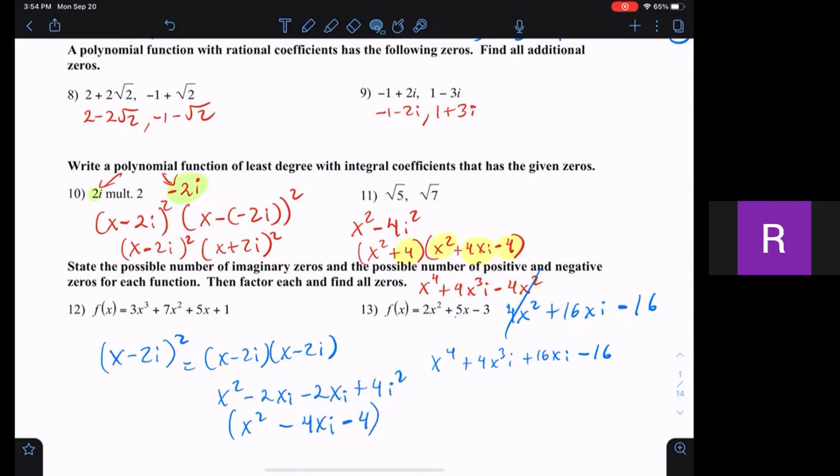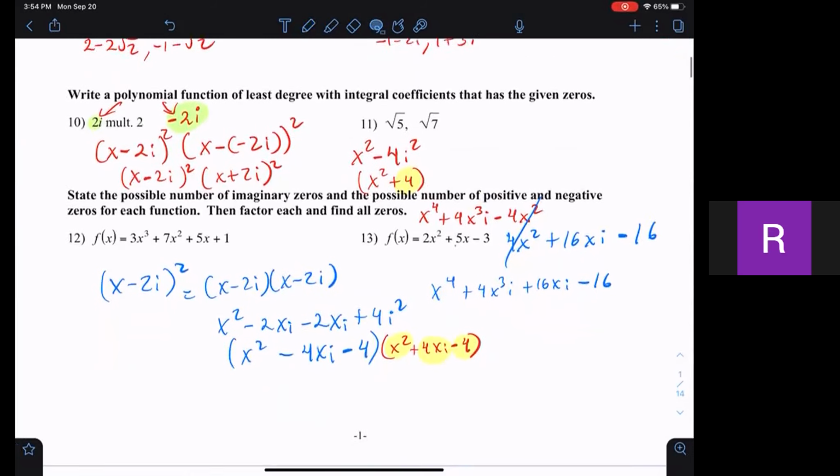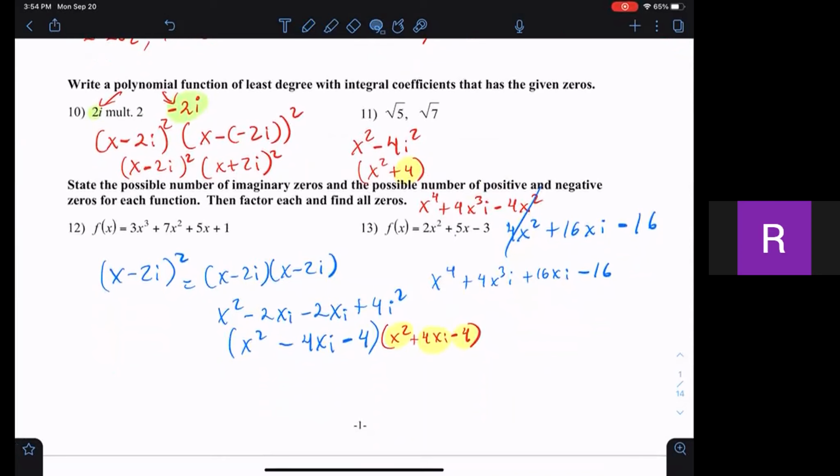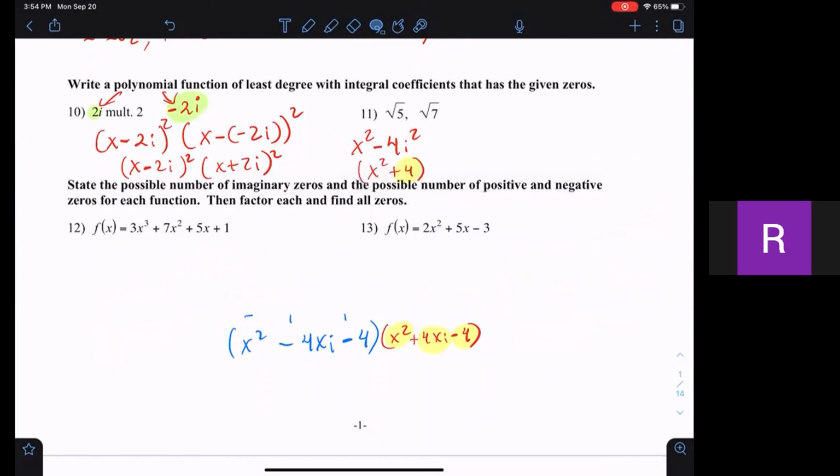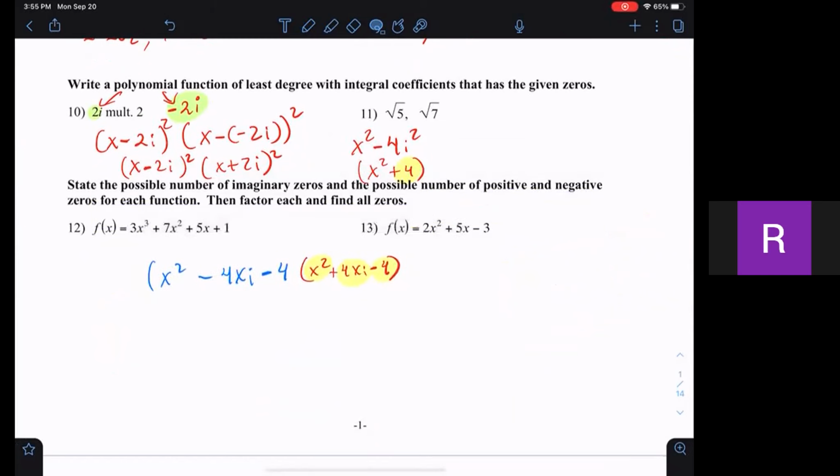So here, this times this, right? So we have to do that 3 times, right? But if you notice, now that I fix this, this is the difference of squares. You see? Let me double check this. Yeah, this is x squared minus 4xi plus 4i squared, so it's -4.